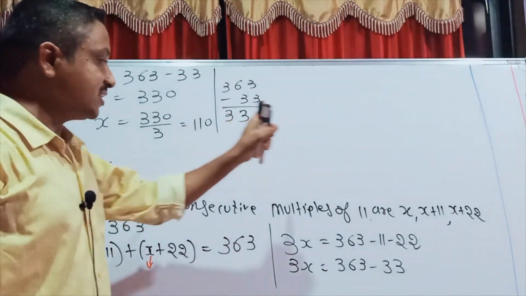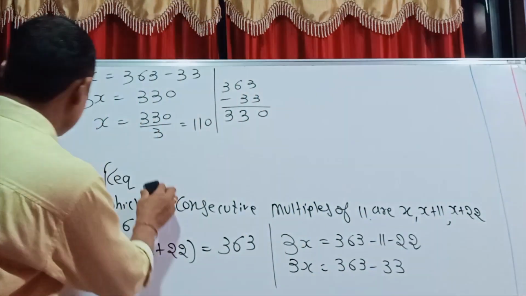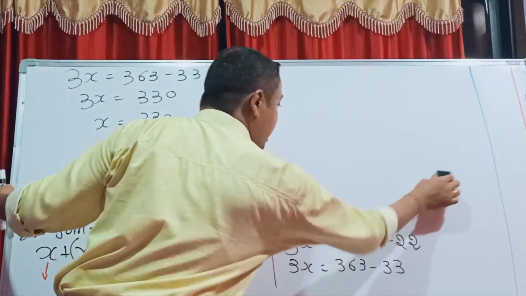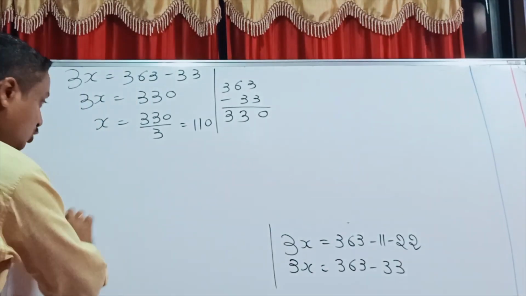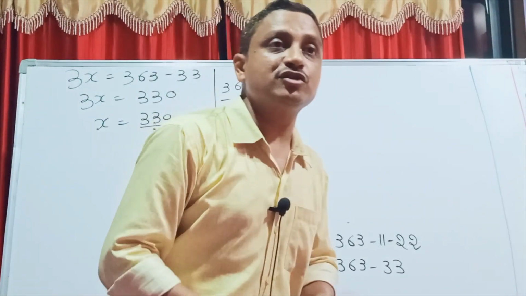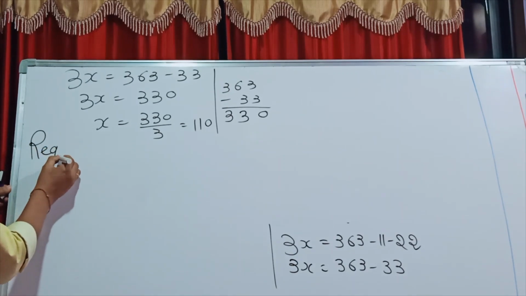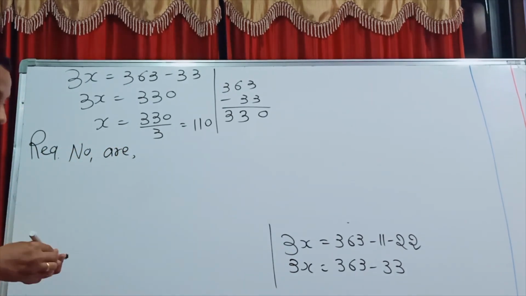Now I put it in the suggestion x, x plus 11 and x plus 22. So my final answer is done here. The required 3 consecutive numbers in multiples of 11. So the required numbers are, which numbers you assumed students already?